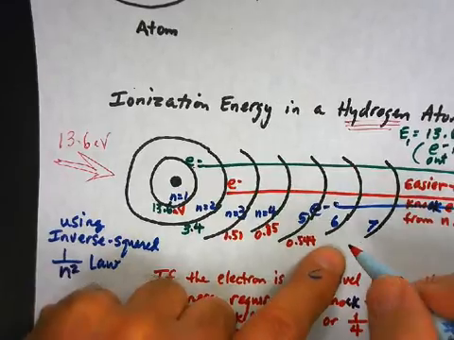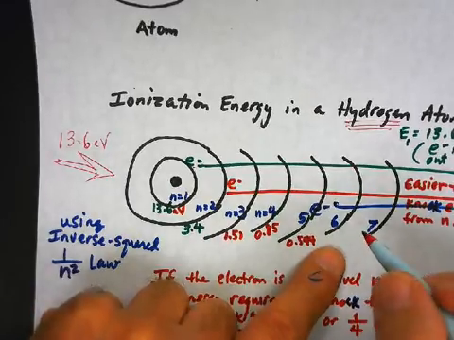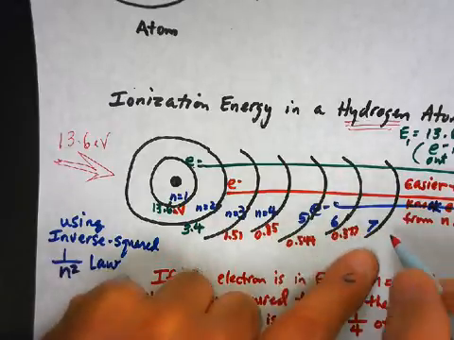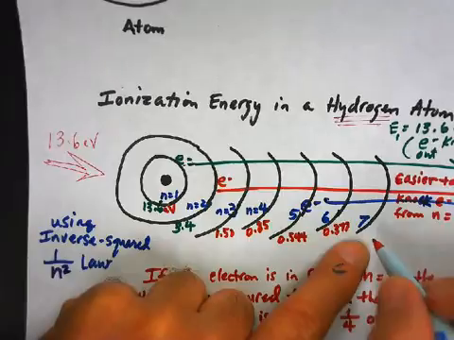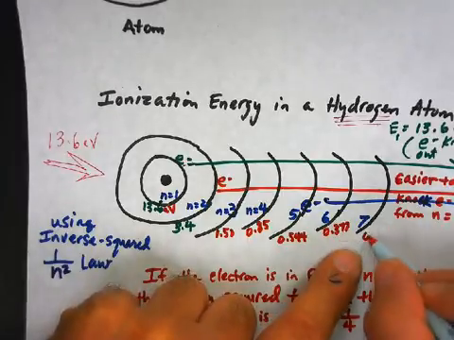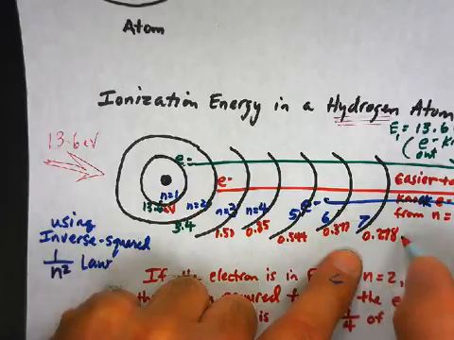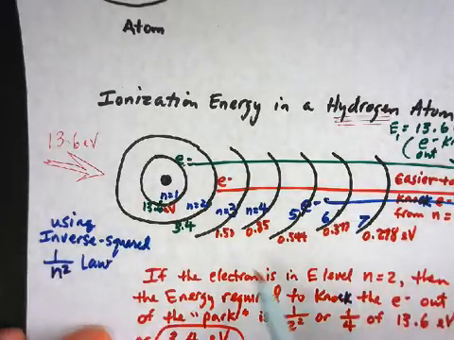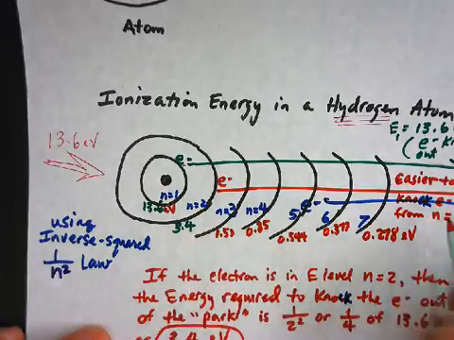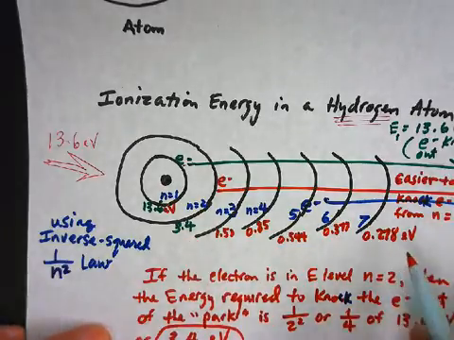1 over 6 squared, 1/36th of 13.6. So that's 0.377. And then the 7th energy level, 1 over 7 squared, 1/49th of 13.6 is 0.278 electron volts. So now we know, at least for the first 7, we could do it for 8, 9, and 10 or whatever, also energy levels.